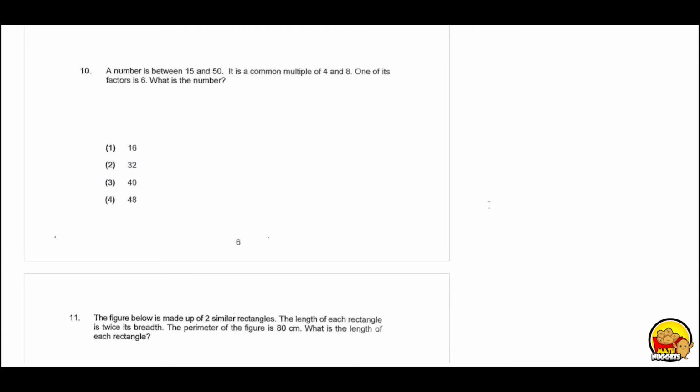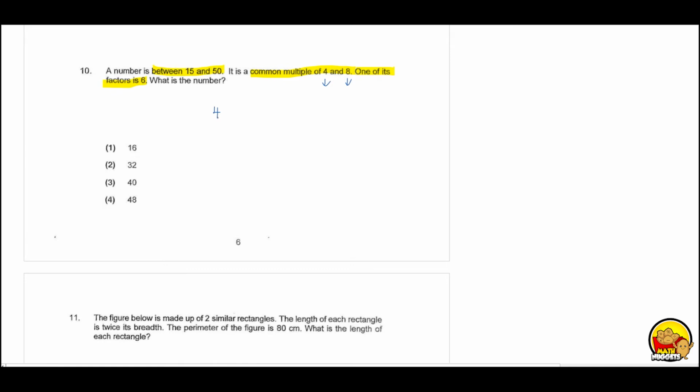Number 10, a number is between 15 and 50. It's a common multiple of 4 and 8. One of its factors is 6. So what is the number? Well, I will probably list down the multiples of 4 and 8.